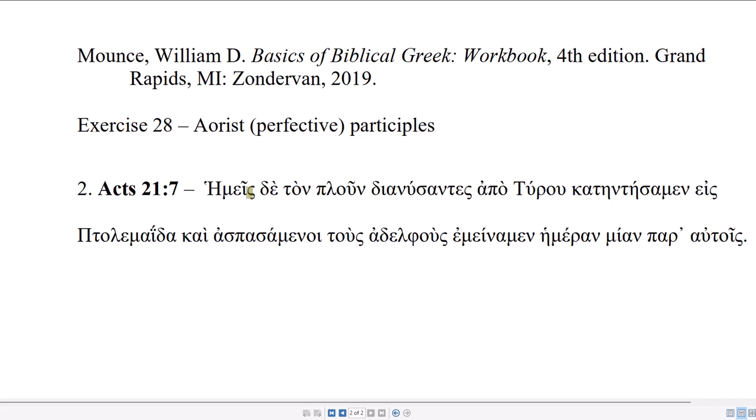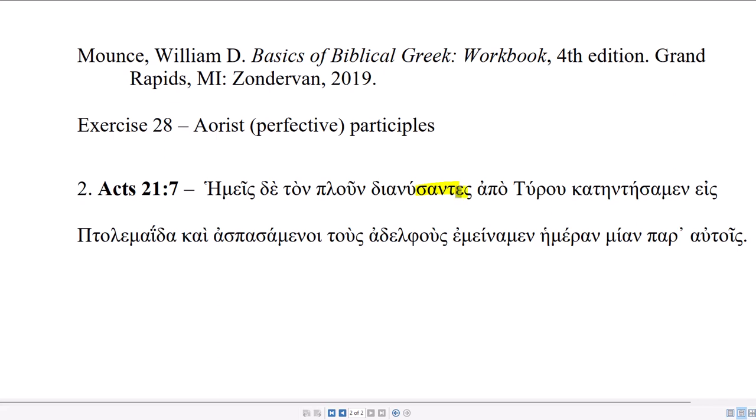It starts out with hemes de, so and we, or but we, and then we have ton plun, which is a journey, typically a sea journey, and then we have dianusantes. This is a nice aorist participle. We've got that sant in there, which is diagnostic of an aorist active participle.